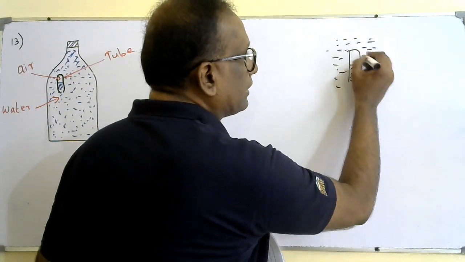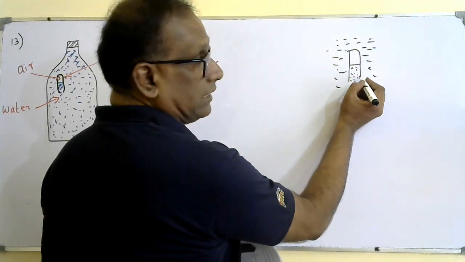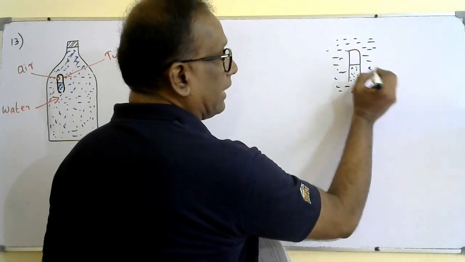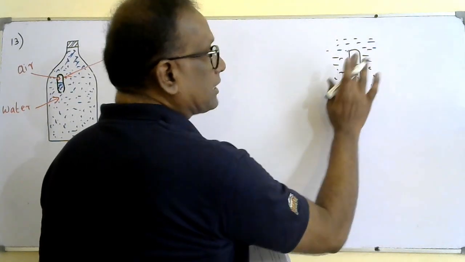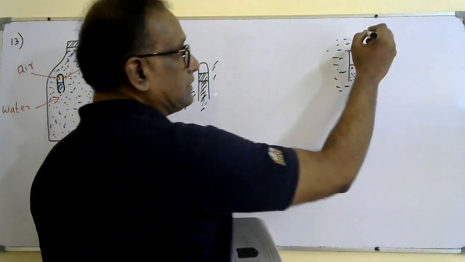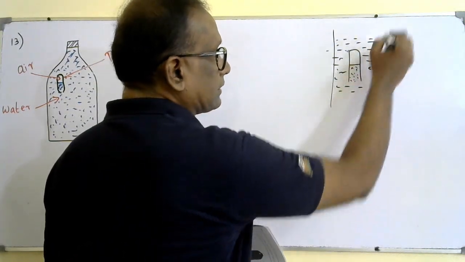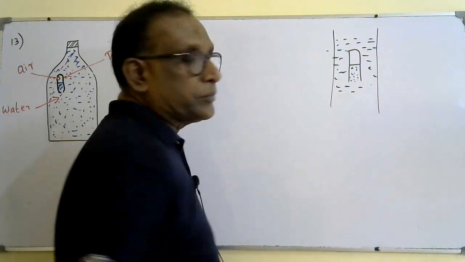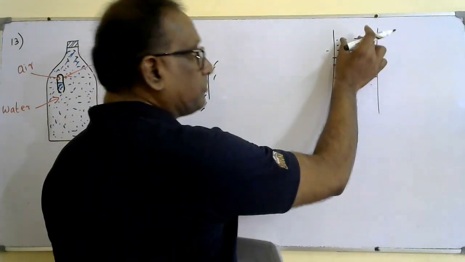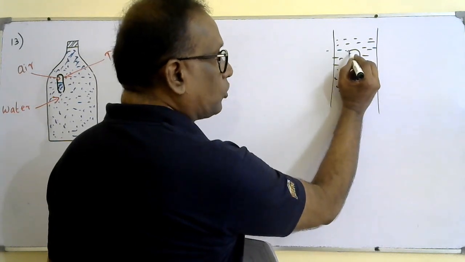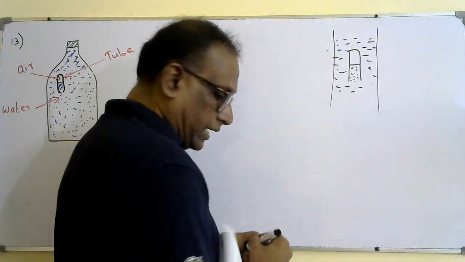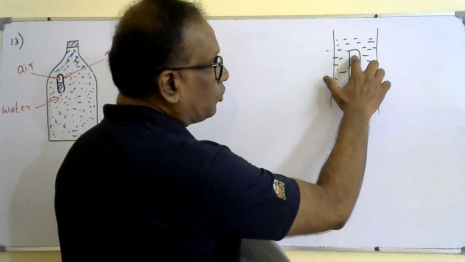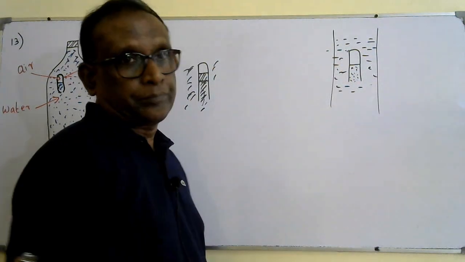Imagine if the tube is not there, this whole region must be occupied by the water which is outside. So the bottle is here. If there is no tube, the whole region will be occupied by water. But because of the tube, only this portion, which they mark as A, is occupied by air.